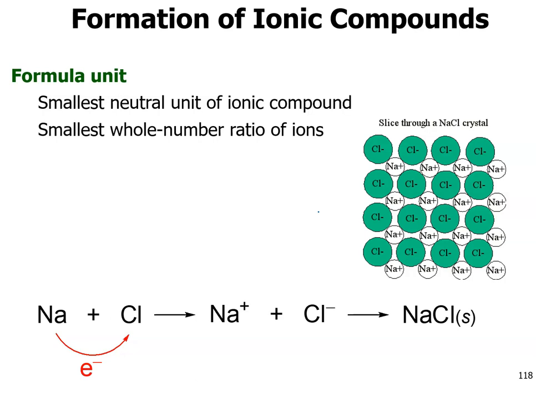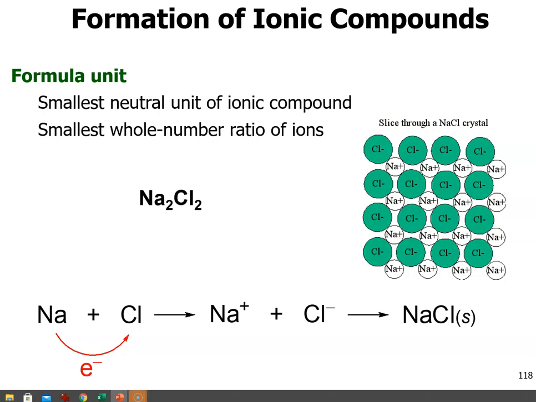Now, when we get to other elements that have +2, +3, +4, +7, whatever charges, then we can have different ratios that will be needed for canceling out the charge. We'll look at that in a second. One of the things we don't want to do is, for example, with sodium chloride, write 2 sodium and 2 chloride atoms.